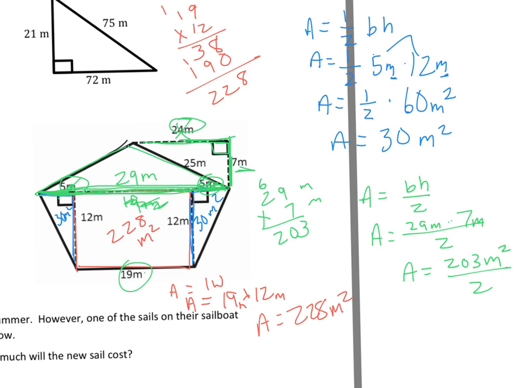So now what I'm going to do is I'm going to take half of that. And half of 200 is 100. And I know that I'm going to have to do half of 3, which is 1.5. But I'll show this just so you can see why.